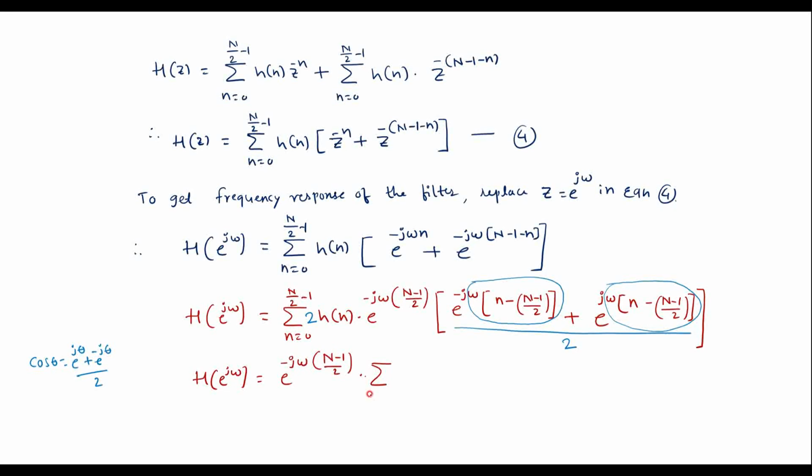The remaining term, that is summation n is equal to 0 to N by 2 minus 1, we have 2h of n into, so this term is nothing but cos theta, that is cos of omega (n minus (N minus 1)/2). So let me call this equation number 5.